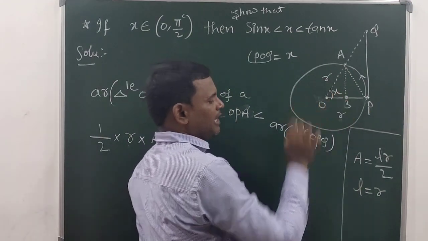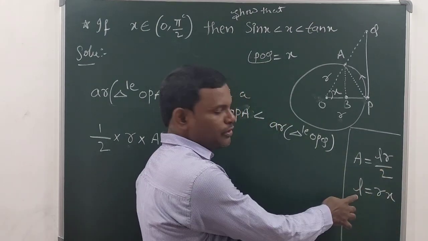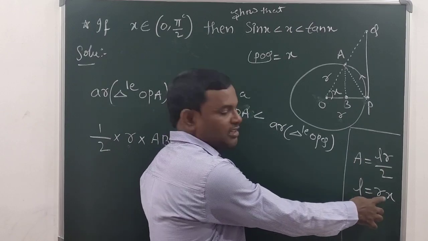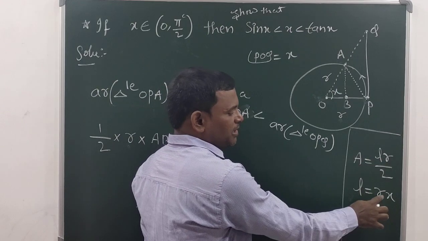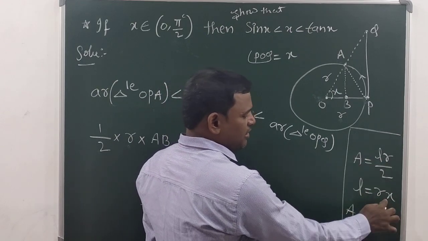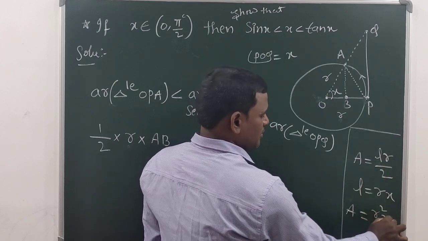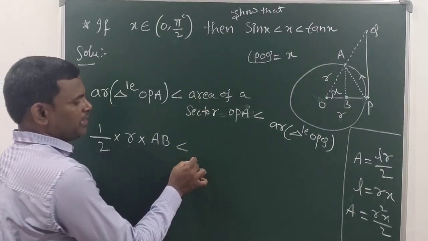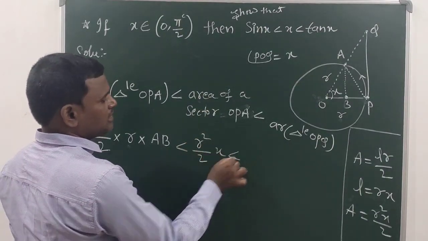That is here x. L is equal to Rx. You have one more relation in the sectors. But here R radius, x means angle in a sector. Now in the place of L, replace this Rx. So that you will get Rx into R by 2, that is R square x by 2. Now you got area of the sector OPA. R square by 2 into x, less than.